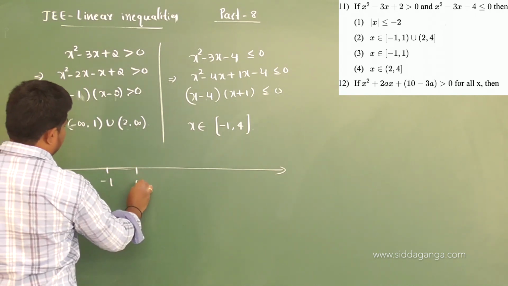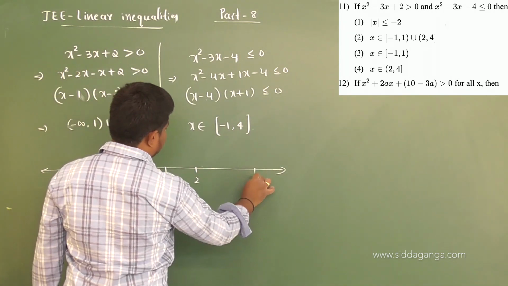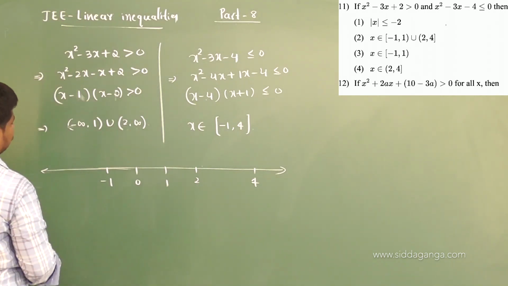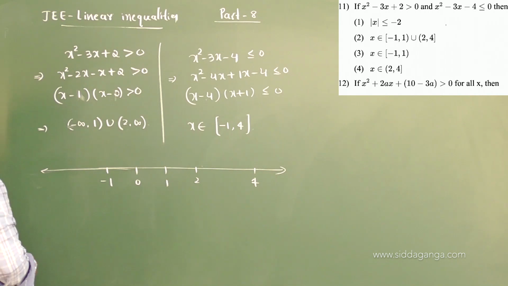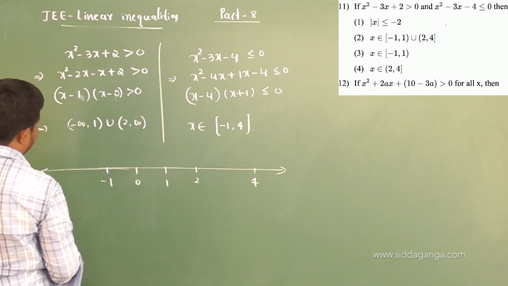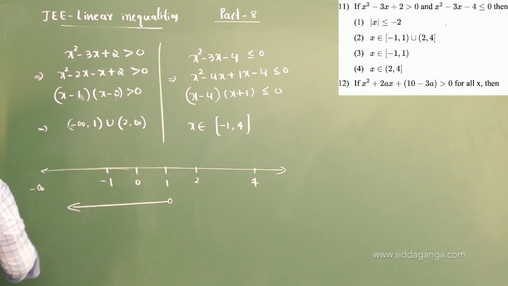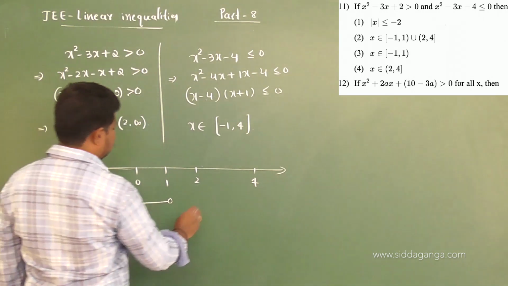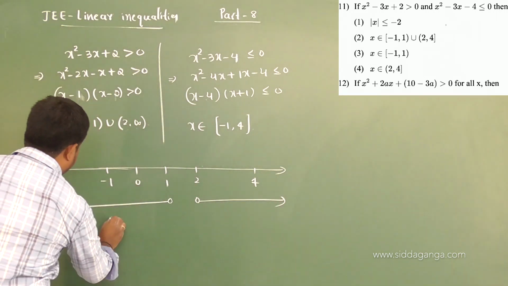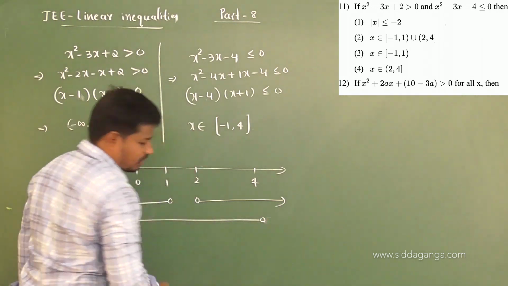Let me take this is -1, 0, this is 1, this is 2, this is somewhere 4. Now for minus infinity to 1 and 2 to plus infinity, and here -1 to 4.